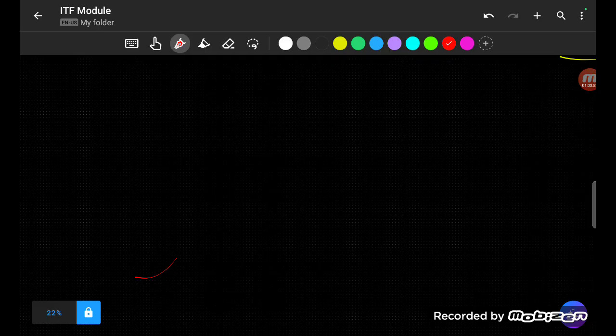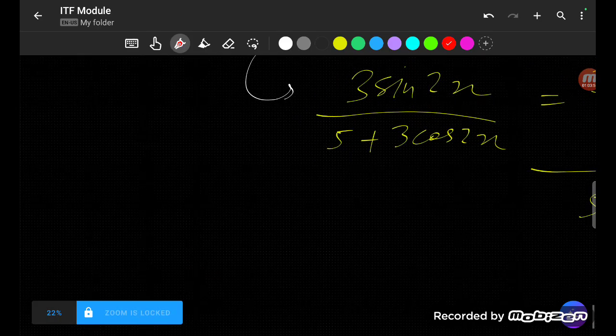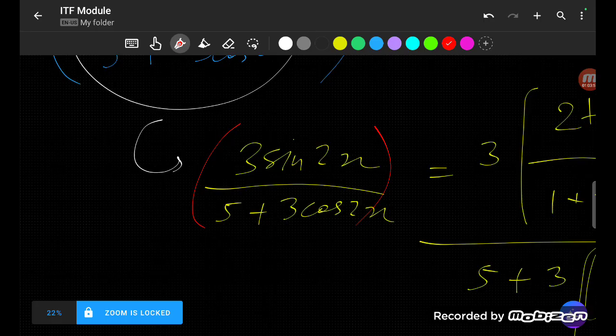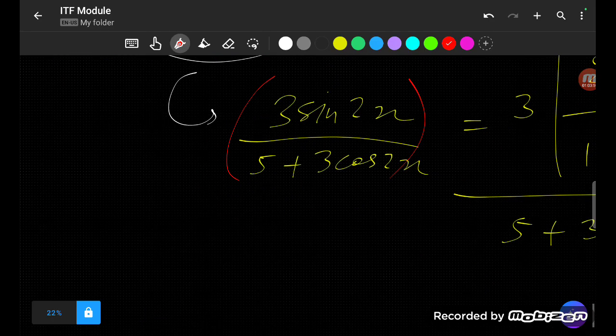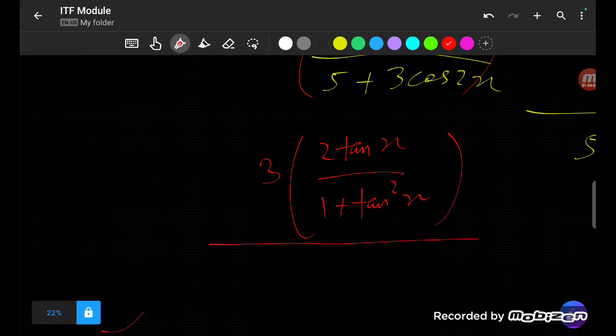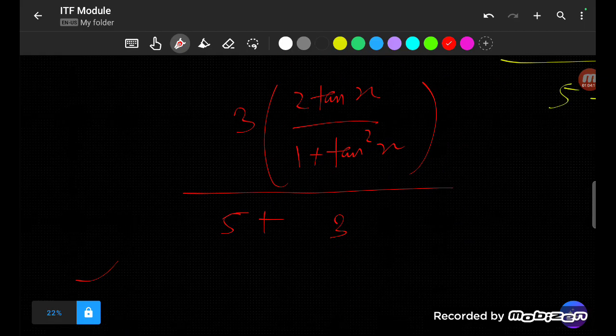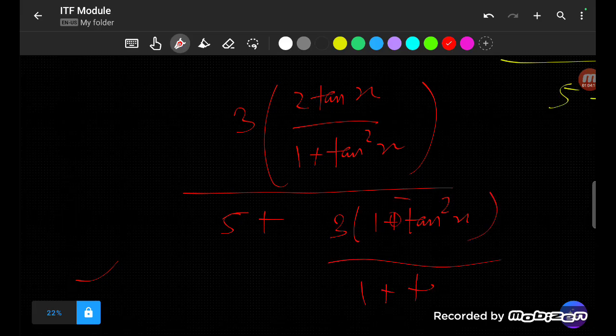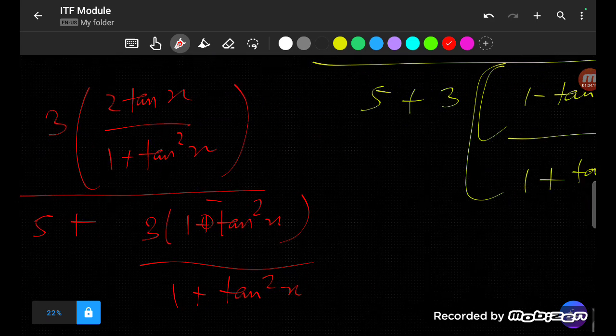Okay, so after a little bit of consideration, we've kind of found what we want to do with this. So you could just put this as 3 into 2 tan x upon 1 plus tan square x, and this is just 5 plus 3 into 1 minus tan square x upon 1 plus tan square x.